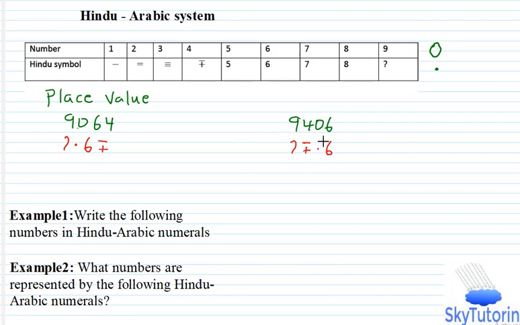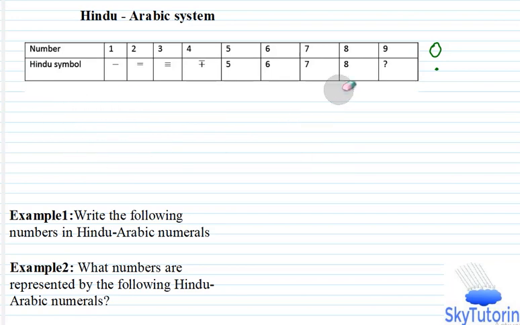All right, let's see some more examples. Let's say we have 203.